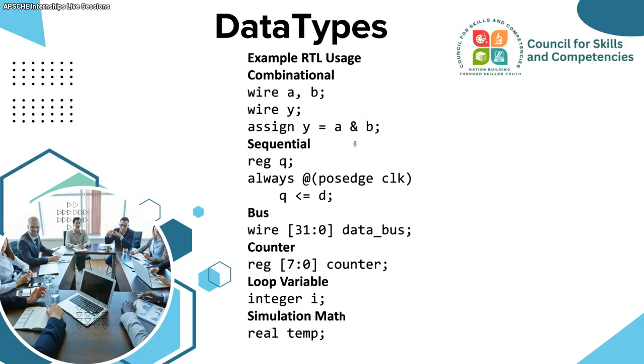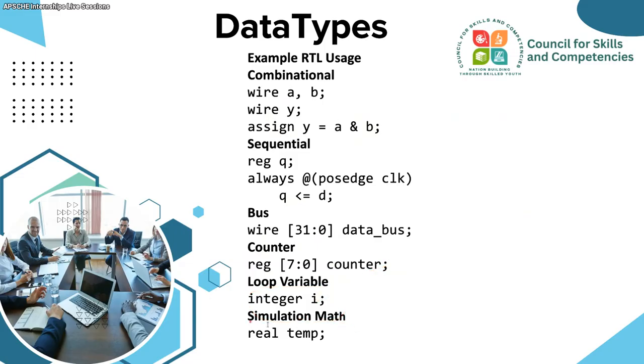For this you have to go and use the continuous or assign block. Suppose a bus, for the bus you don't want to store the data because it wants to deliver the things. So it is a 32 bit size bus, but the counter wants to store some value, so you use registers. For the loop variable, use integer i, no problem.